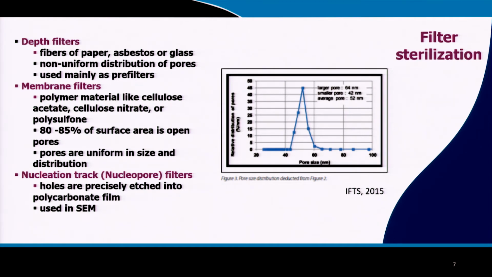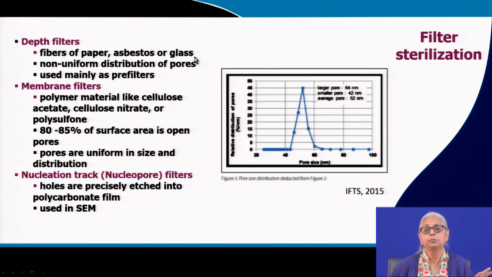So we normally prefer to use glass fiber filters for measuring suspended solids, and this is a very common application in both civil and environmental engineering, basically in wastewater treatment, where we are trying to measure the suspended solids and separate them into volatile and fixed solids. They have a non-uniform distribution of pores and they're generally used as pre-filters.